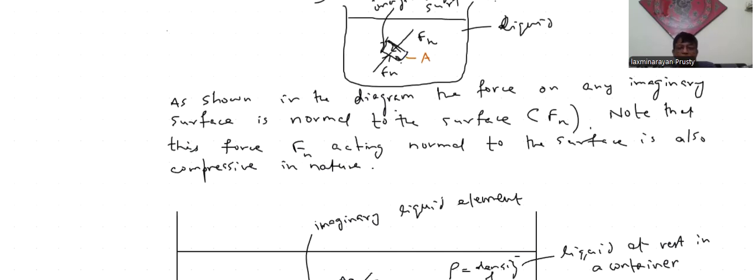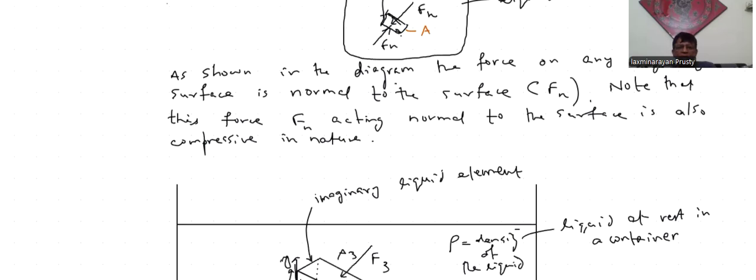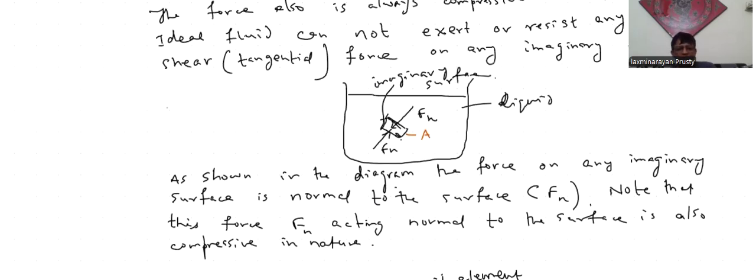It's not a pull force, it's a pushing force on both sides of the surface. Remember this: this fluid force will always be a compressive force on a touching surface. It will not pull, it will push the surface from both sides. These two things you remember, keep in your mind.